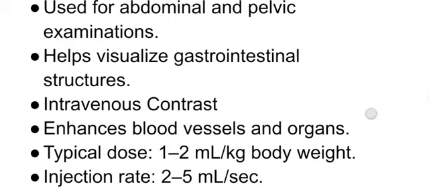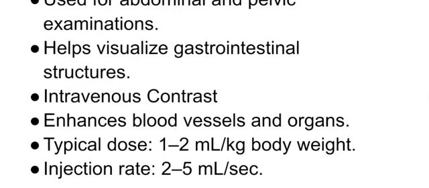Intravenous contrast is used to view the blood vessels or organs perfectly. Usually the dosage will be about 1 to 2 milliliters per kilogram of body weight, and the injection rate will be 2 to 5 ml per second.